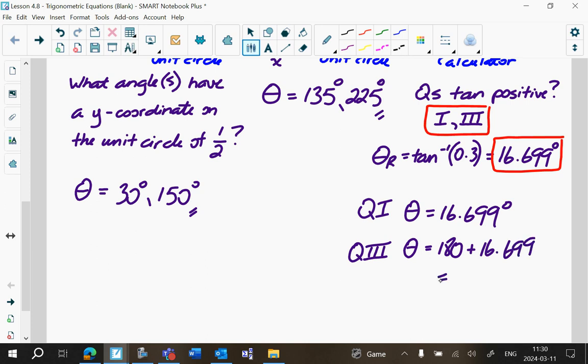And what do I get? 196.699 degrees. So notice we have to do a little bit of extra work. If you guys did it the way I asked you to last year, you would have just got this answer. But now we know there's more than one answer.